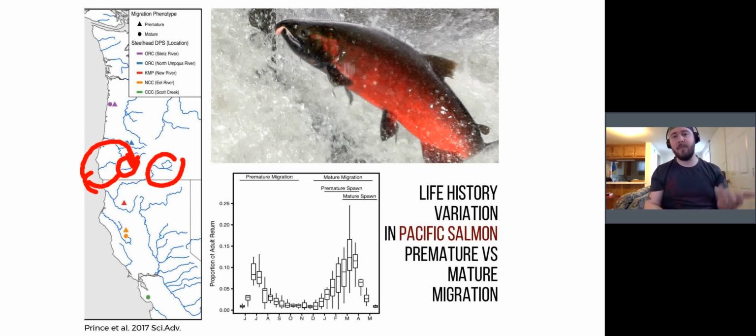But the real problem is that there's a very distinct pattern of migration. Usually, fish reach maturity and they migrate. And this migration usually happens somewhere between May and August.